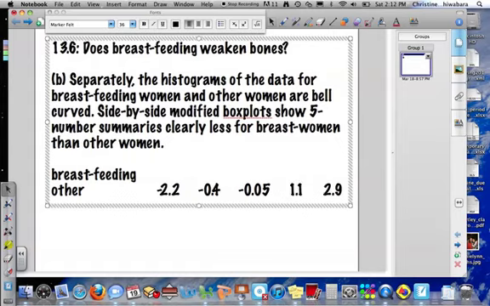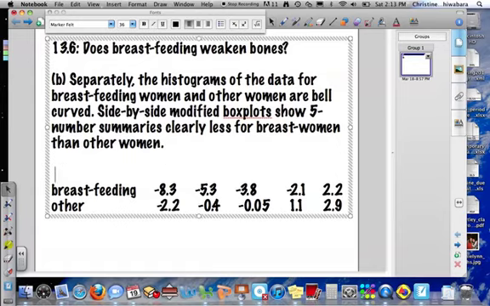I'm going to enter in the same data for breastfeeding women, which is negative 8.3 for the minimum. We have negative 5.3 for quartile 1, negative 3.8 for the median, negative 2.1, and 2.2 for the max.